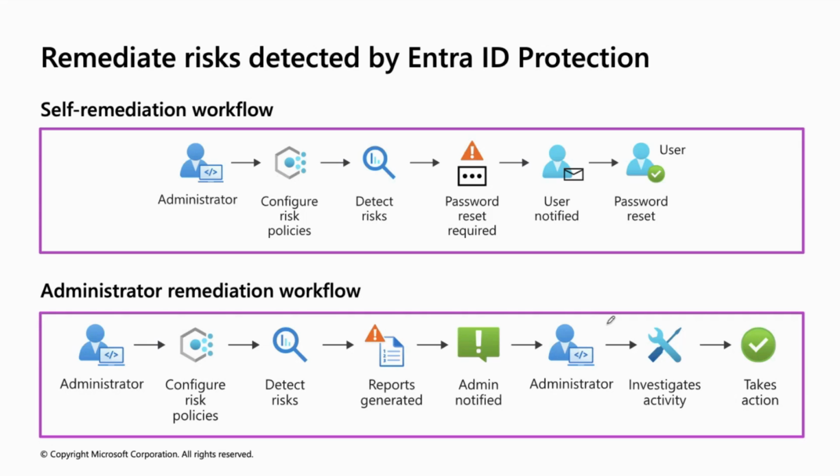So the admin will be notified, look into this issue and take the action, whether to block the user activity or reset the password for the user. The user will be notified that there is some risk and they need to set up the password. Or the admin will be notified, investigate the issue and take the action.